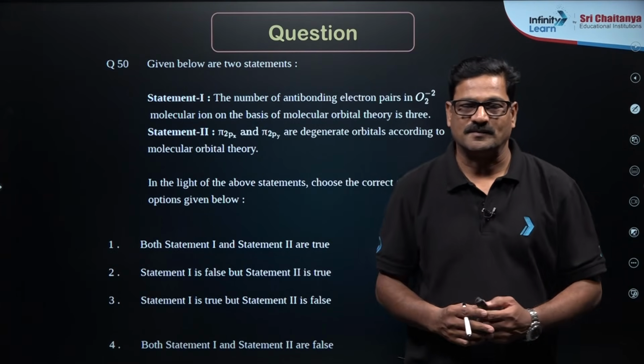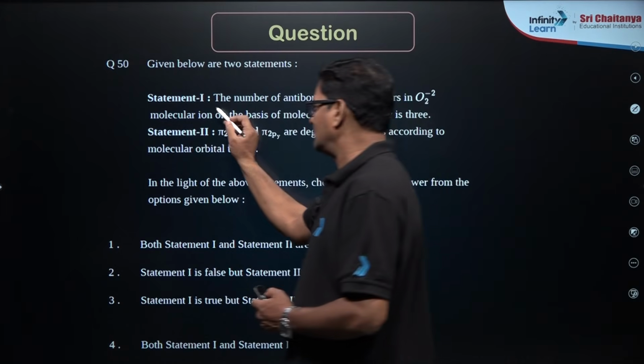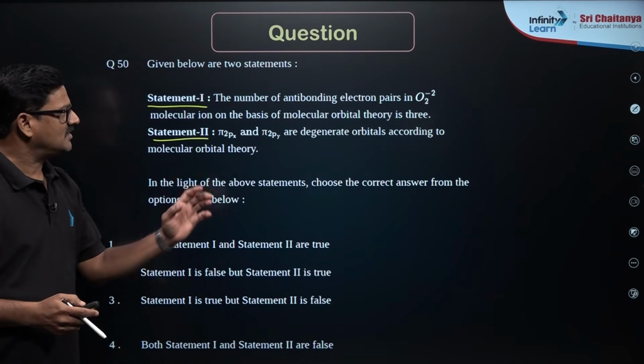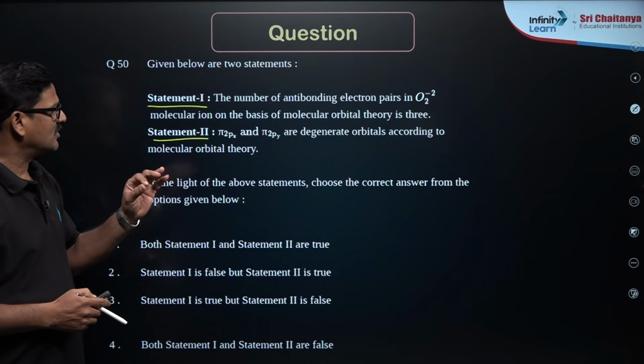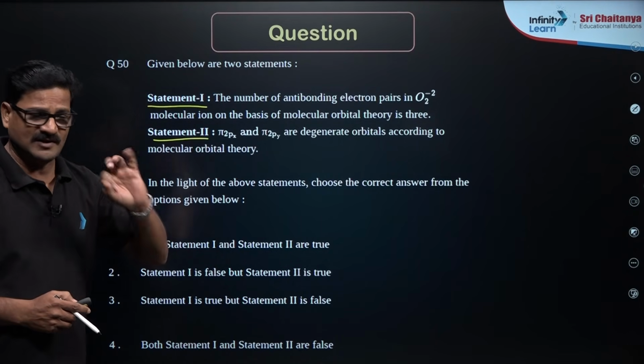Students, this question is from the molecular orbital theory. It is given as statement 1 and statement 2. In statement 1, the number of anti-bonding electron pairs of the O2 2- ion based on molecular orbital theory is 3.